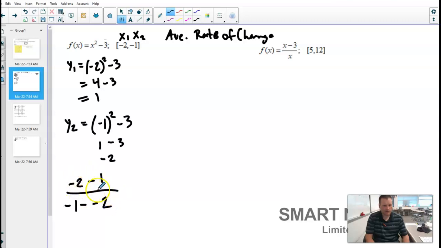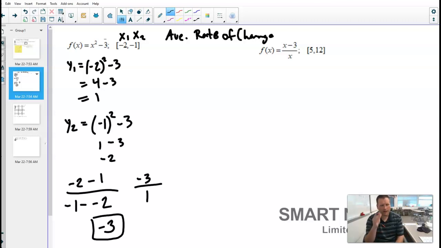And then just simplify. So this numerator should give me negative 3. The denominator, I've got negative 1 minus the negative, which comes plus. So that's negative 1 plus 2, which will give me a positive 1. So my average rate of change is negative 3 for that one.